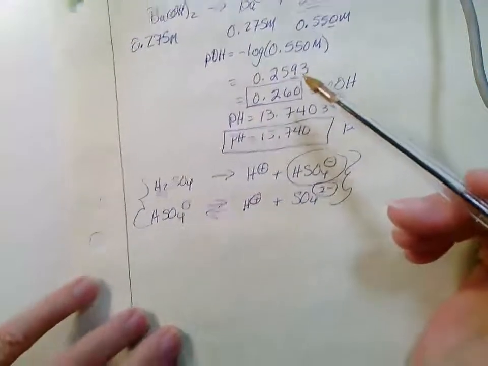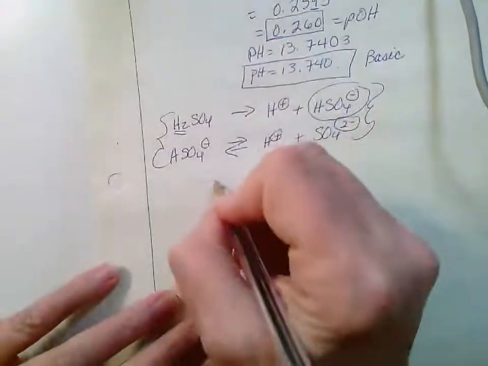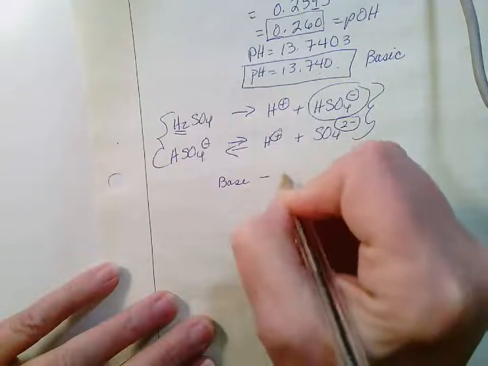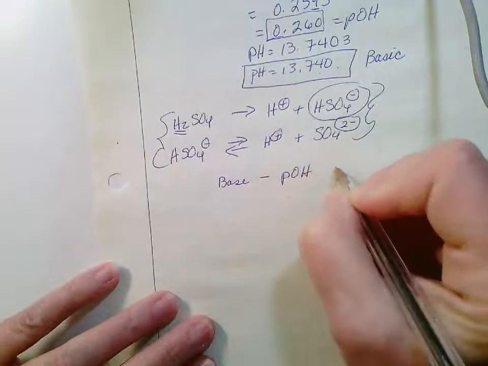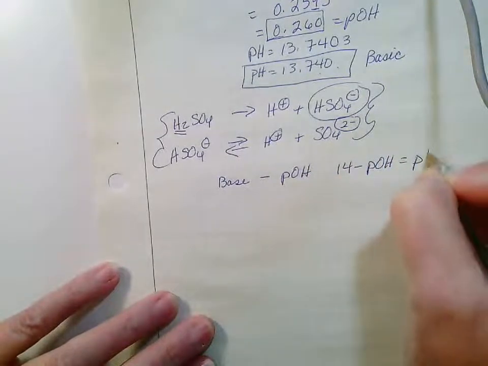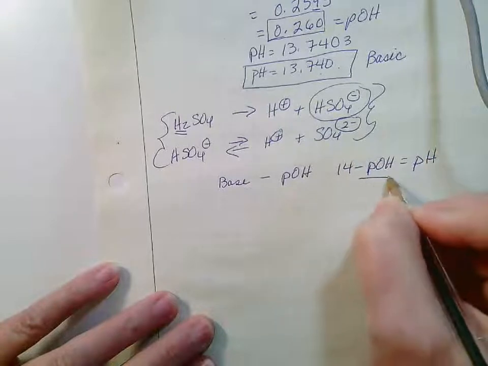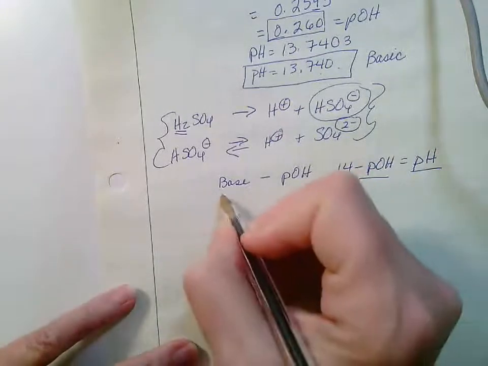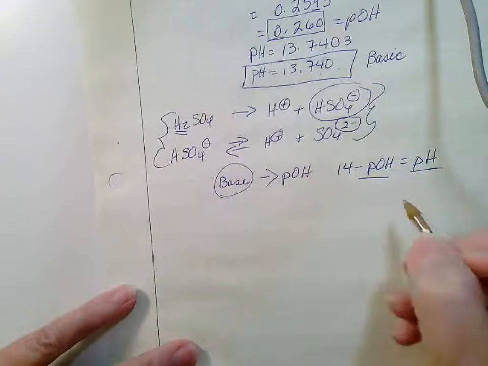So things to remember when you calculate, or you're given a base, you're going to calculate pOH, and then you're going to take 14 minus the pOH to give you the pH. I typically ask for both the pH and the pOH. So you have to remember that if you have a base, you're going to get pOH.